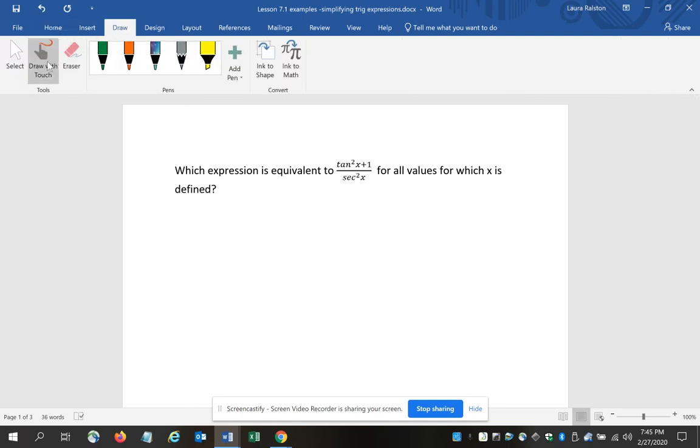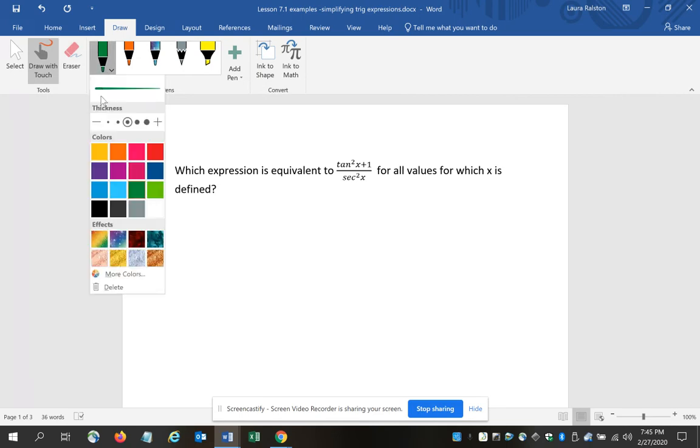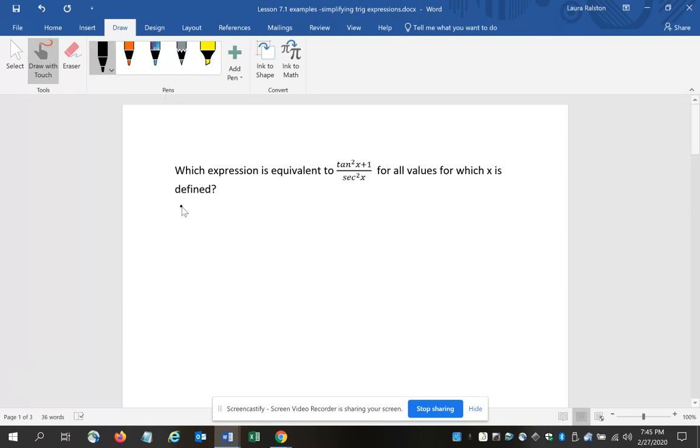It'll help you to keep in mind that typically with Pythagorean identities, the first one is a connection between sine and cosine.